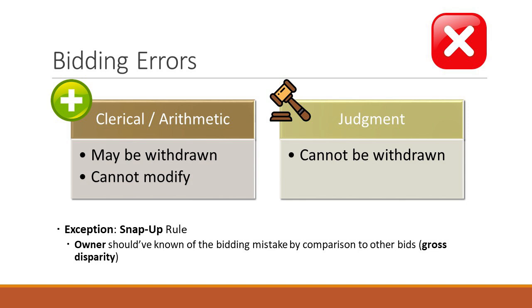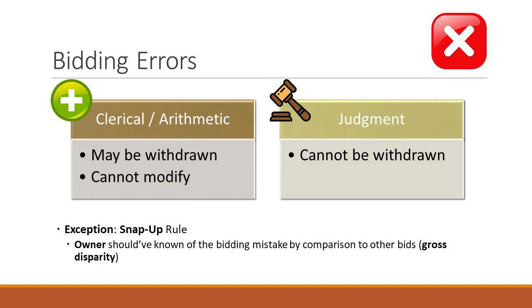The exception to forcing them on this judgment error is what's called the stamp-up rule. So let's say that the bids are $10 million, $14 million, $16 million, or $10 million, $14, $15. There's at least a $4 million, maybe up to a $5 or $6 million disparity on a $10 million or $12 million project, whatever it is. That's 30-40%.